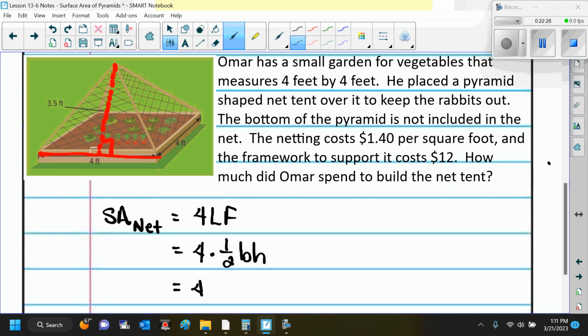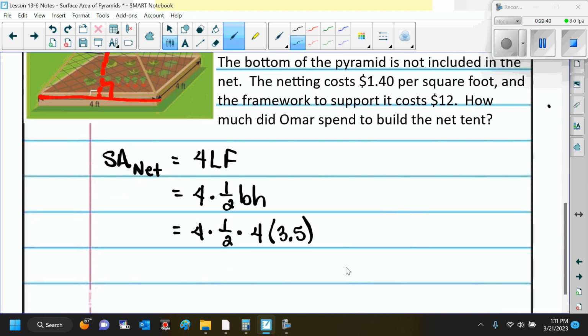So we have 4 times 1/2 times the base, which is 4, times the slant height, or the height of the triangle, which is 3.5. And now we can simplify. 2 divided by 2 is 1. 4 divided by 2 is 2.